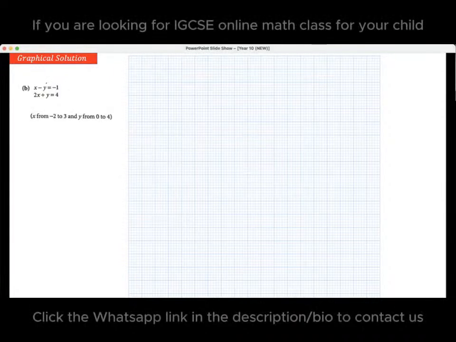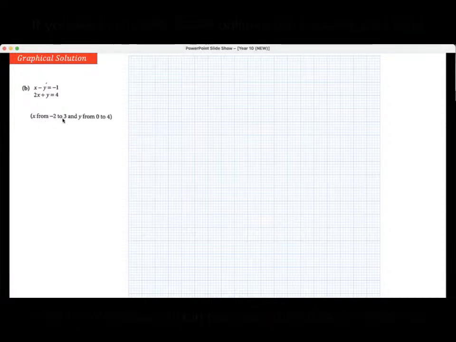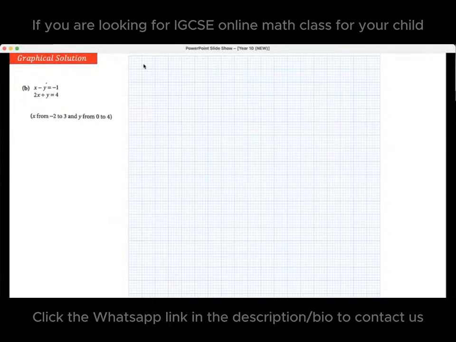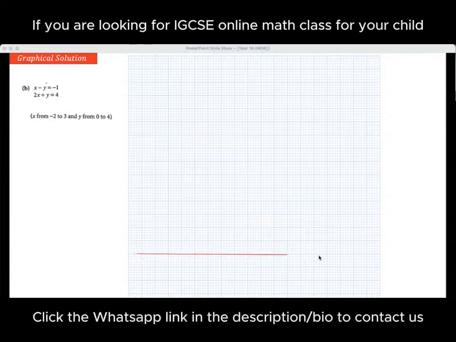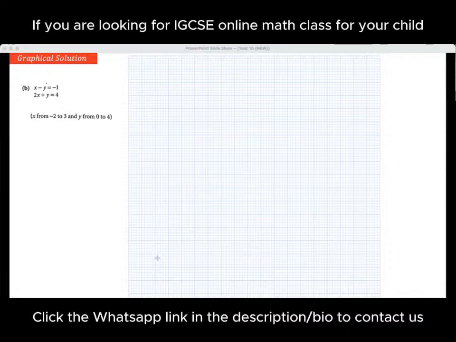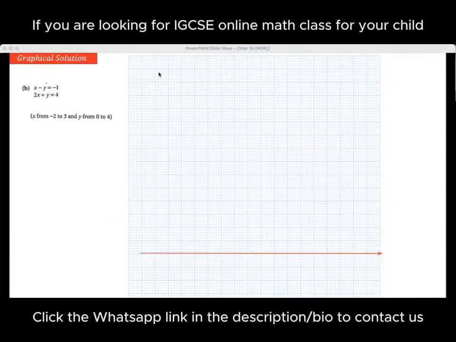Okay, for this one, x from -2 to 3, y from 0 to 4. So this is a bit smaller than the previous one. Okay, this is x. And y is 0 to 4.